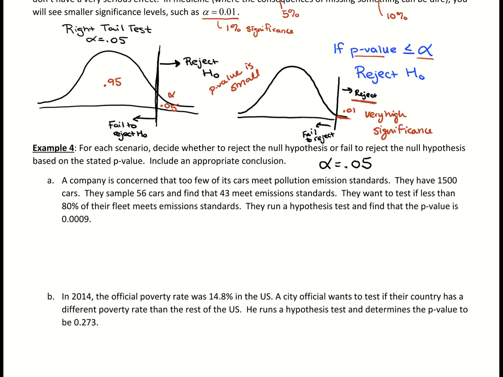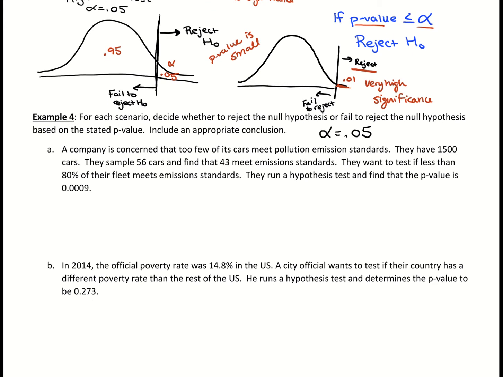With this first one, we're talking about this pollution emission standards. They have 1,500 cars. It's the same example before. And they ran a hypothesis test and got a p-value of 0.0009. Now what we want to do is take that p-value and just write the significance level right next to it.